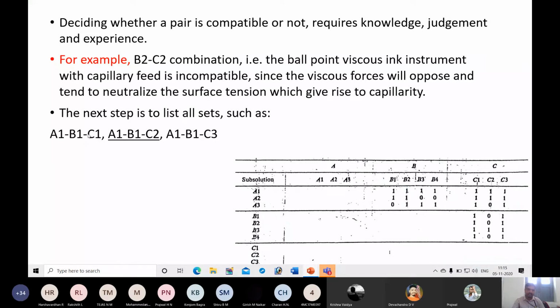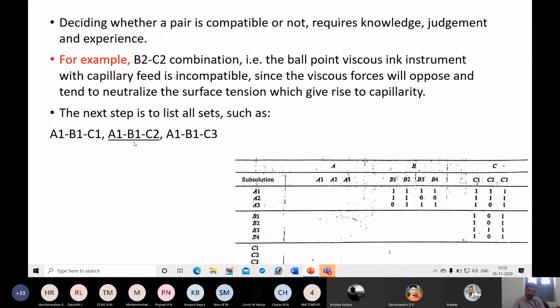Next, consider A1, B1, C2. A1, B1 is compatible. Next, B1, C2. This is not compatible. That's why the combination A1, B1, C2 is incompatible, and an incompatible combination is denoted by underlining it.